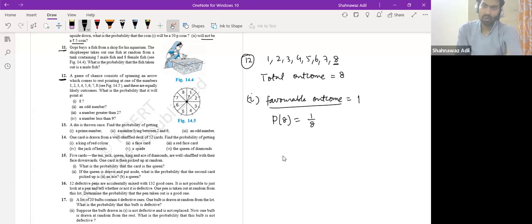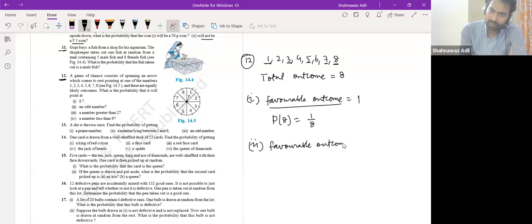Now the second question, an odd number. What are the odd numbers? 1, 3, 5, 7. So 1, 2, 3, 4. The favorable outcome is 4. So the probability of getting an odd number is 4 by 8, which is 1 by 2.